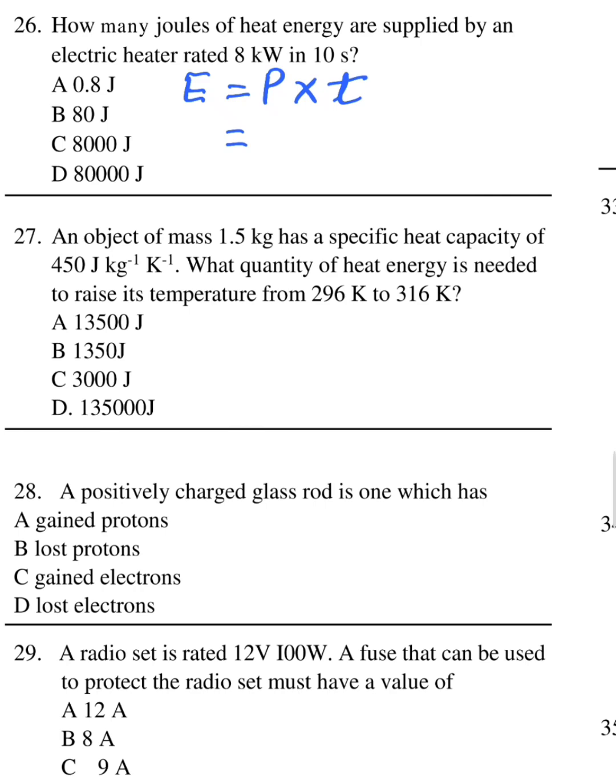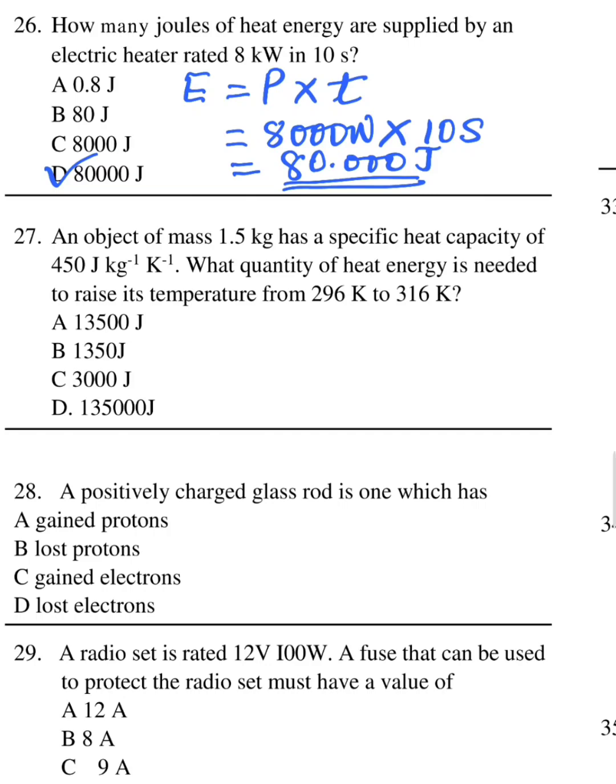So 8 kilowatts corresponds to 8,000 watts. We are multiplying by the time, which is 10 seconds. 8,000 watts is the same as 8,000 joules per second, the rate of energy conversion. So when you multiply that, you have 80,000 joules, which corresponds to option D.